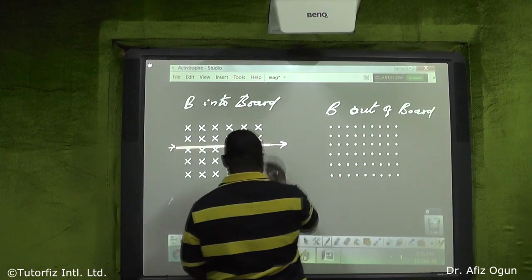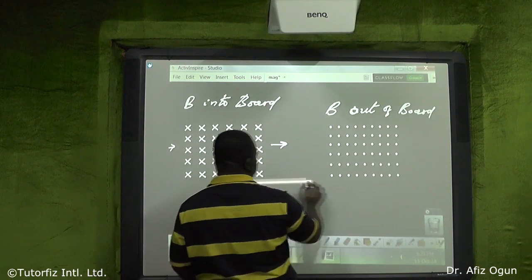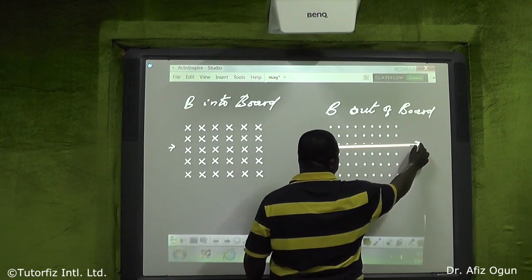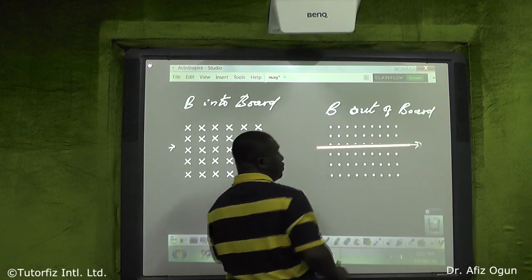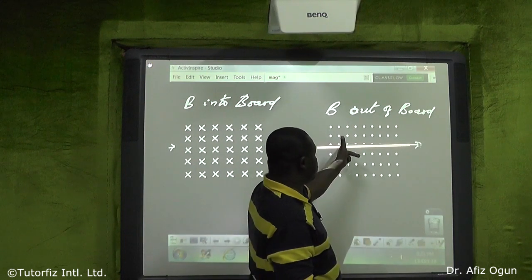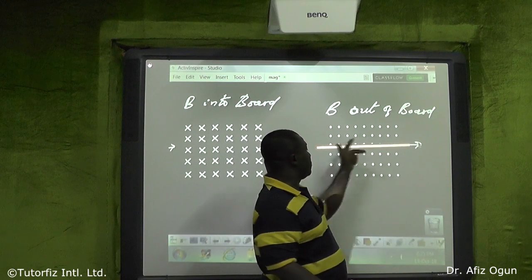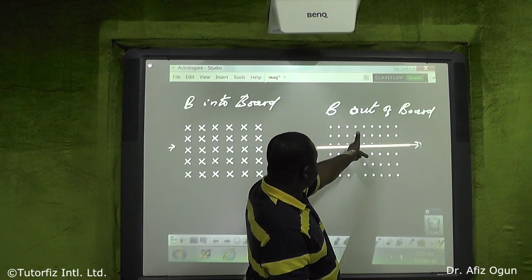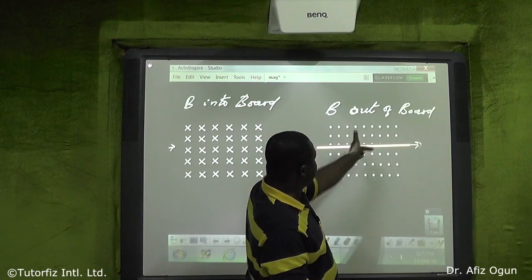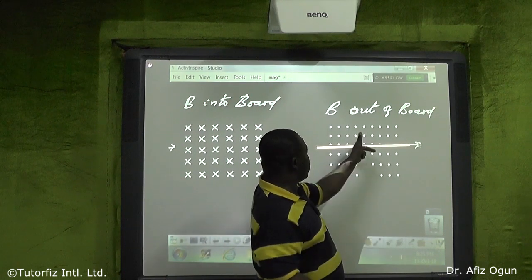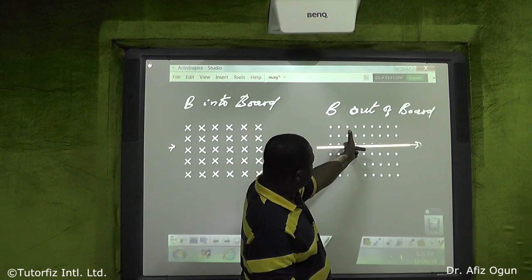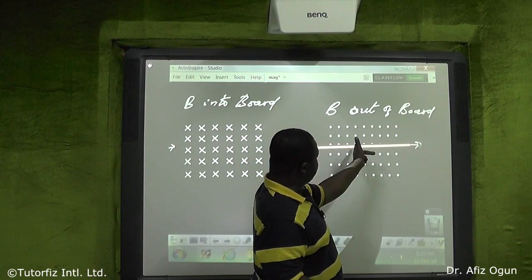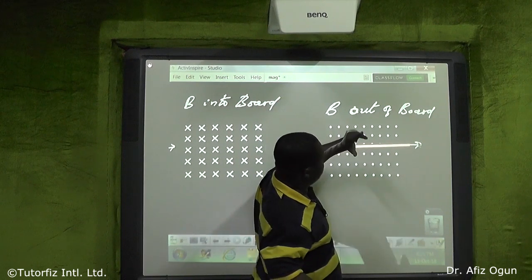Here, if I bring the same wire here, current going in this direction, the same way, and magnetic field coming out of the board.